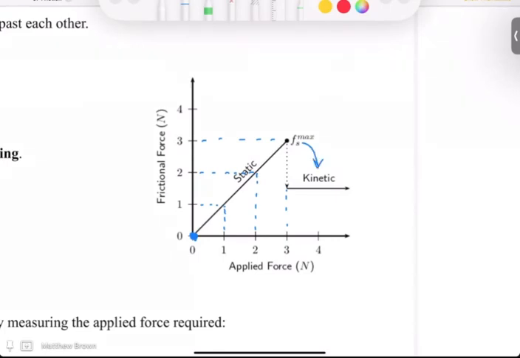Now this thing is moving, and interestingly, the force of friction now is a constant, right? It's not going to be in response to whatever I'm pushing. No matter how hard I push, the force of kinetic friction will remain constant, and it will actually decrease from what the maximum force it could apply before it moved was, right?